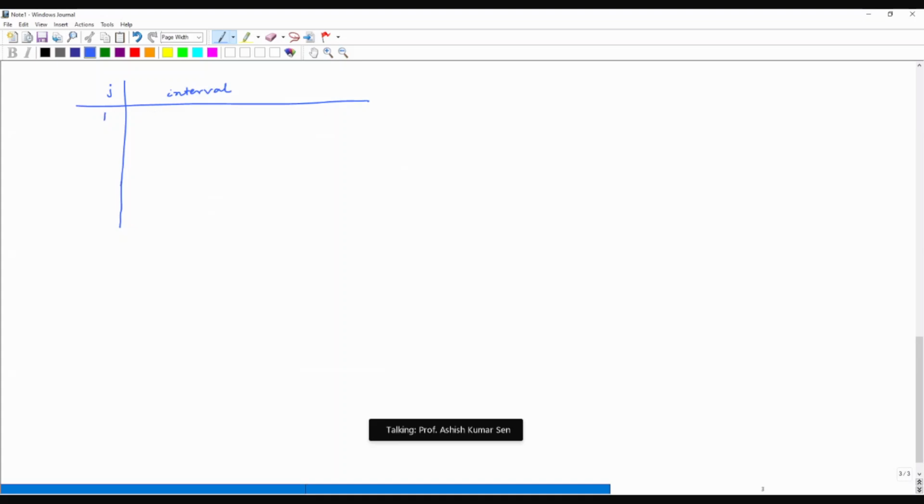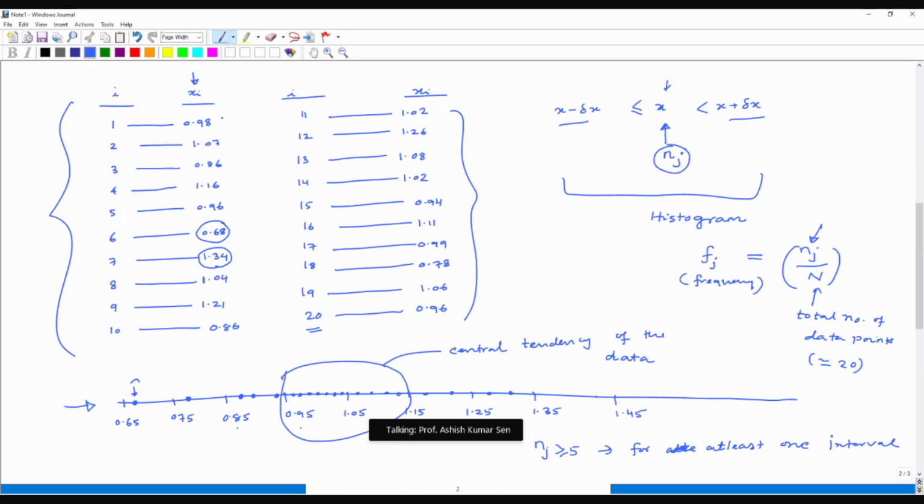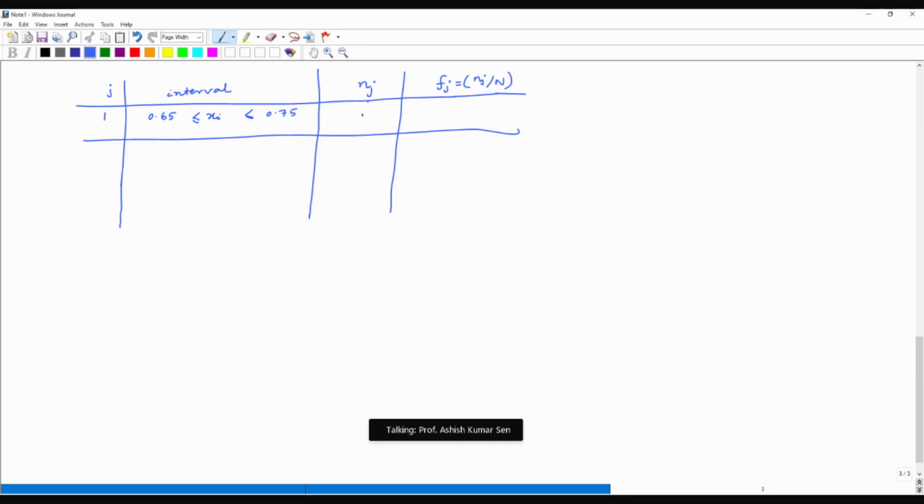The first interval is 0.65 less than or equal to xi less than 0.75, with its Nj, and I also write Fj, which is equal to Nj divided by N. If I go to the data, I can see that between 0.65 and 0.75 I have only one value, so Nj equals 1. With 20 data points, the frequency will be 1 by 20, which is 0.05, right?